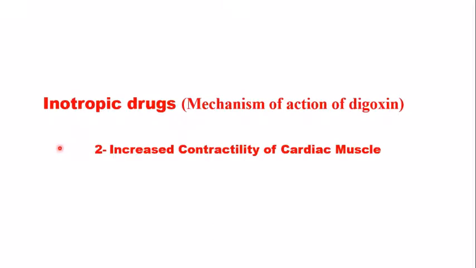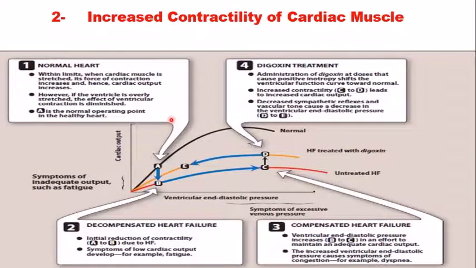Another inotropic mechanism of the drug is the increased contractility of the cardiac muscles. Digoxin increases the force of the cardiac contraction, causing the cardiac output to more closely resemble that of the normal heart.